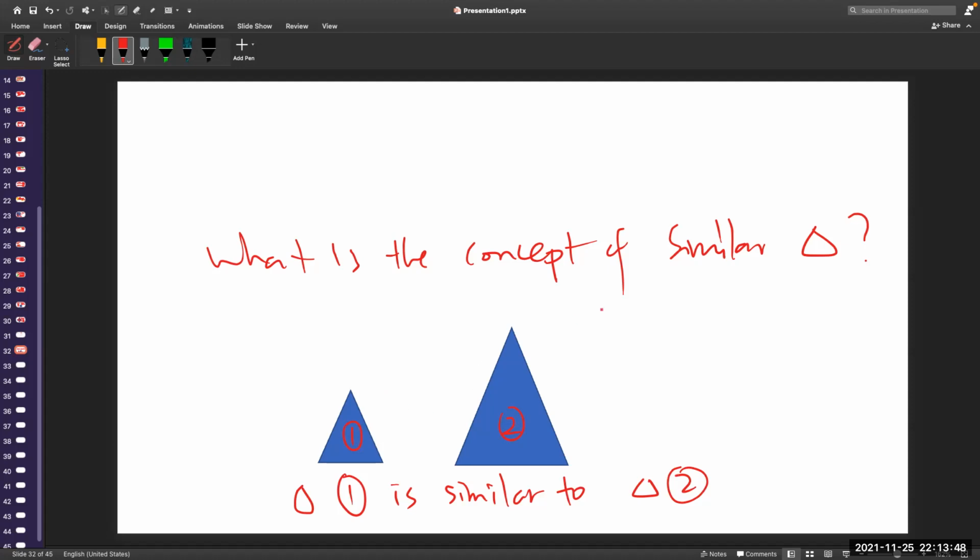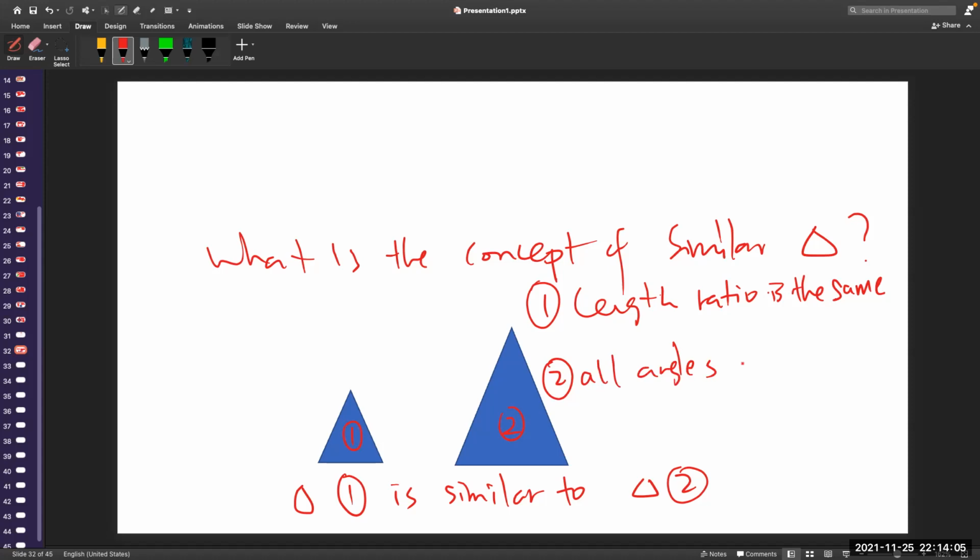Number 1, the length ratio is the same. I'm going to explain what that means. Number 2, all angles are equal.